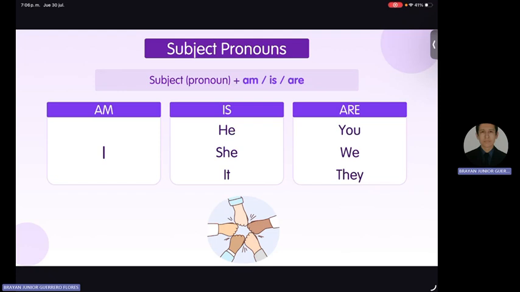And if you want to use is, you have to use the subjects he, she, and it. For example, she is my friend. And if you want to use are, it's in plural: you, we, and they. For example, we are friends. Okay? So in singular you have am and is, in plural are.